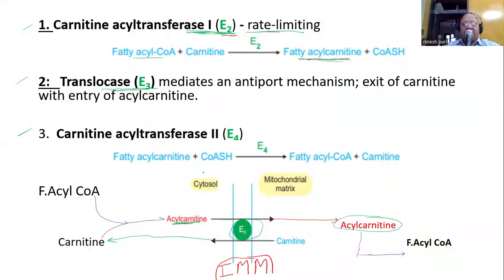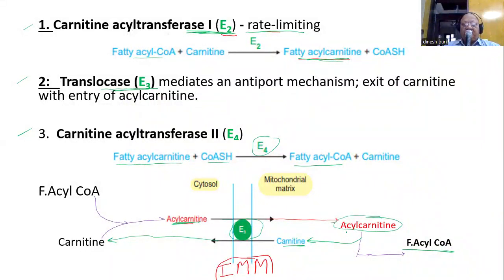In the third step, fatty acyl carnitine is reacting with coenzyme A. This is the enzyme, and fatty acyl CoA is getting regenerated. So this is acyl carnitine, fatty acyl coenzyme A, and the other product is carnitine, of course.